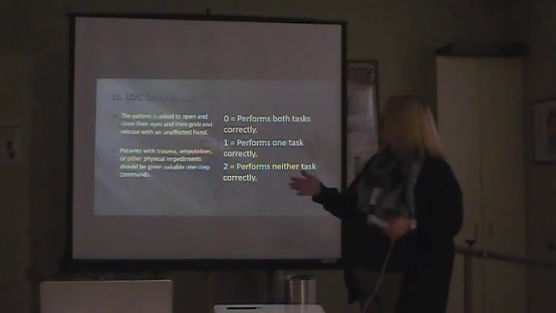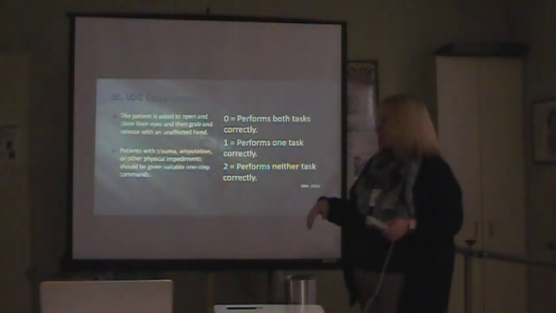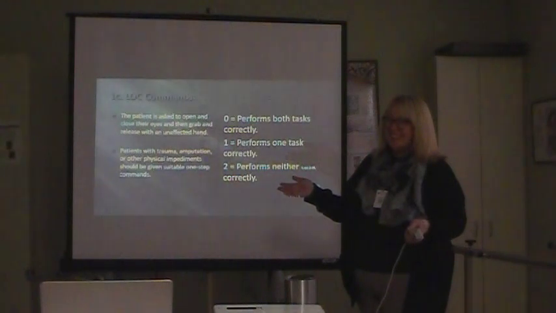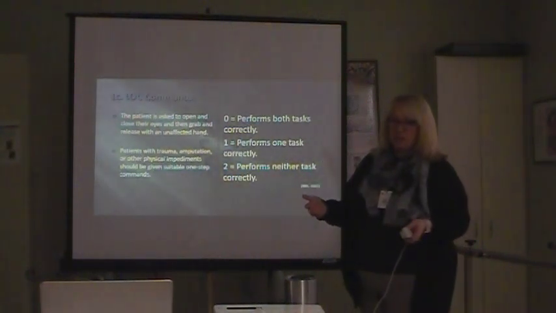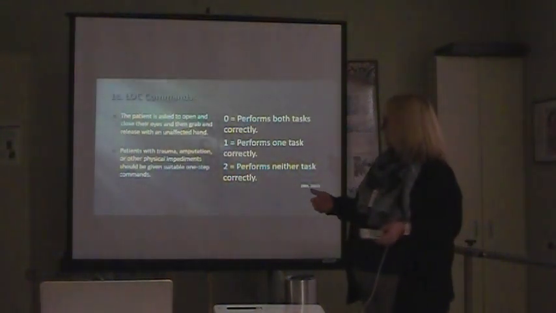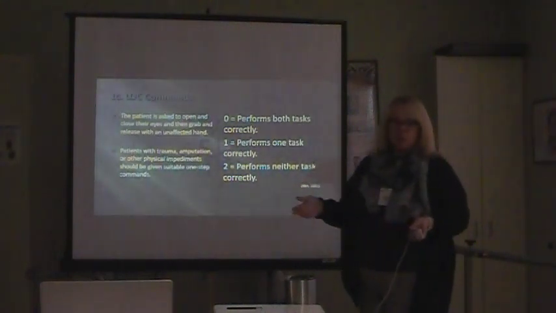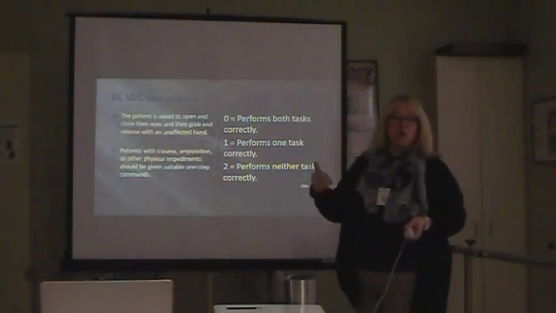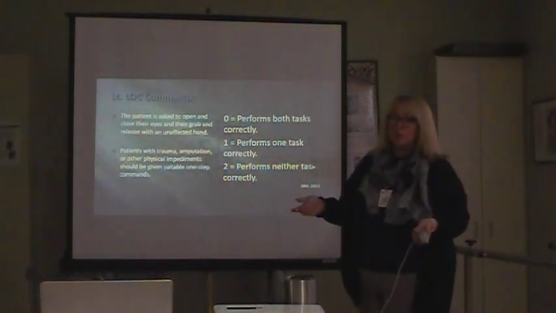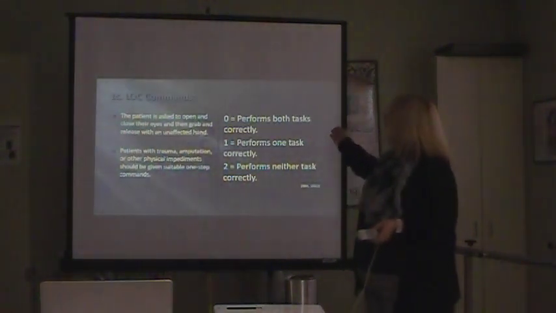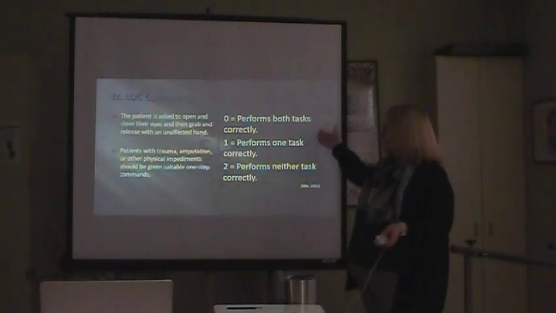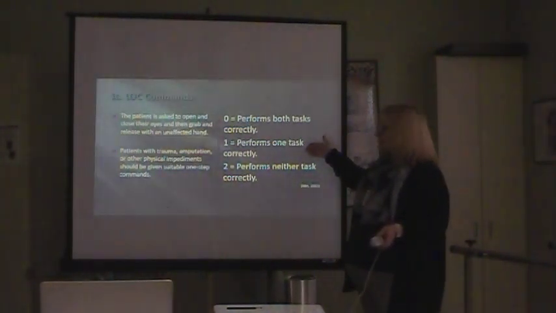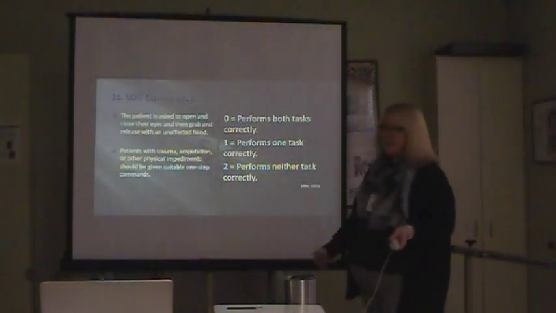So you can be creative if you want, have them smile at this time. That's a 1-step command, okay? And they need to follow it. You can give them a minute or 2, especially if you just woke them up, but you want them to follow your 1-step command fairly quickly. So again, if they can perform both tasks, they get a 0. They only perform 1 task, they get a 1. No task, they get a 2.